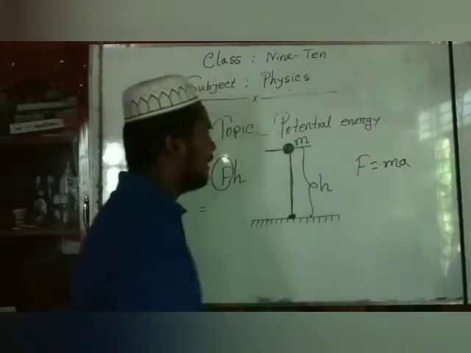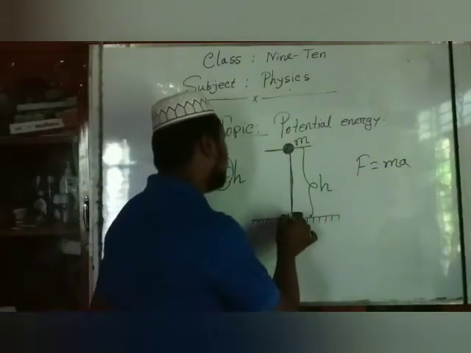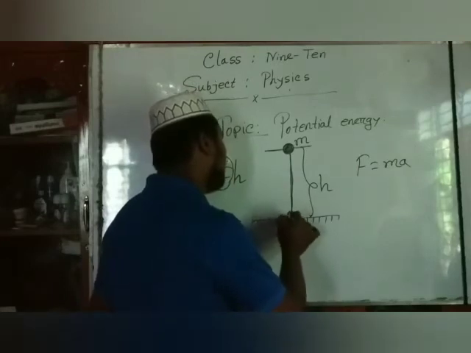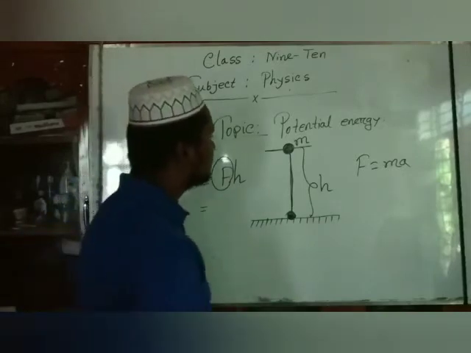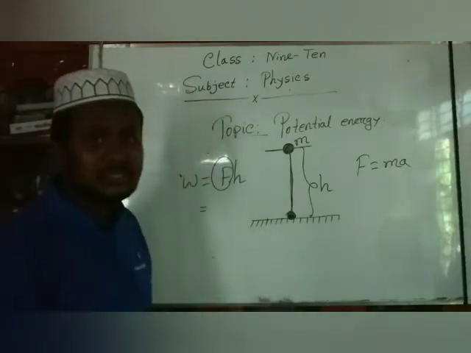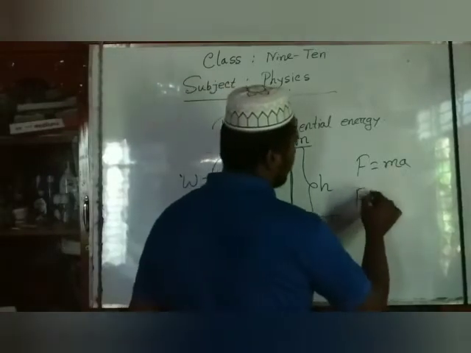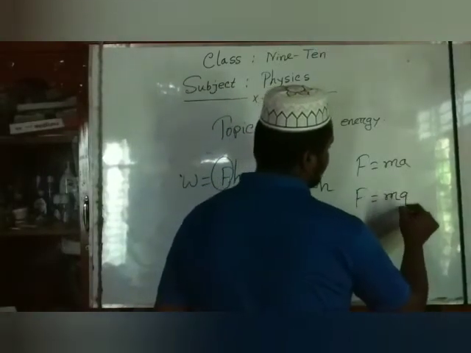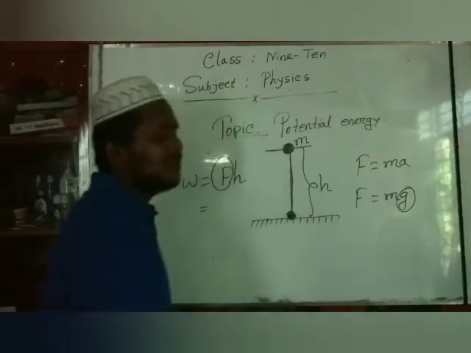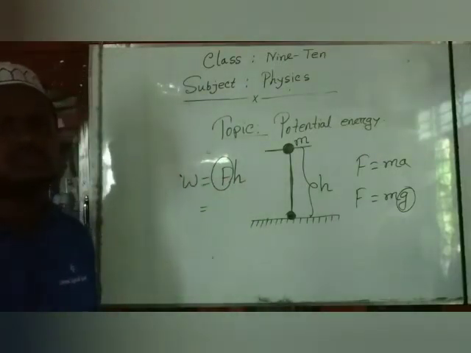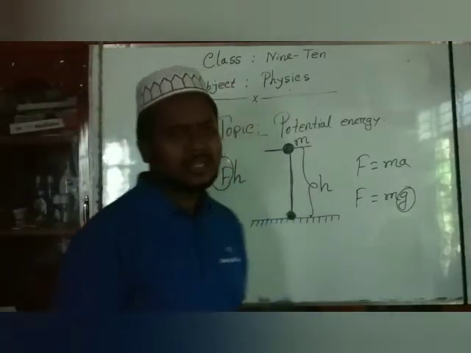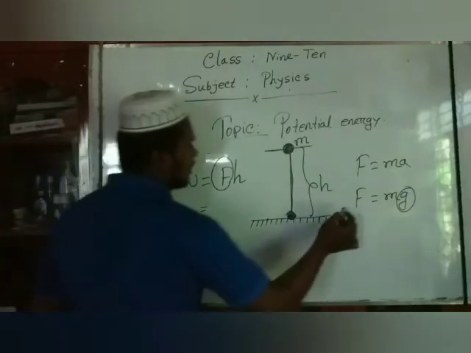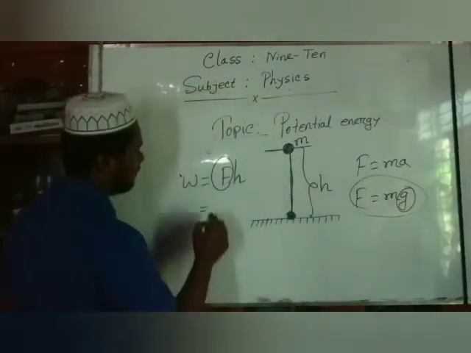But when it involves the surface to other places, or above in the space, then we say the formula is F equals mg, where g is called the acceleration due to gravity, or gravitational acceleration. Dear students, we use the term F equals mg.